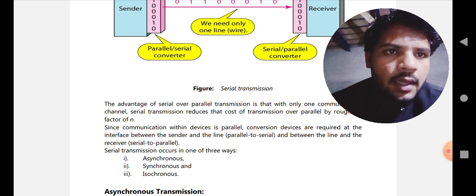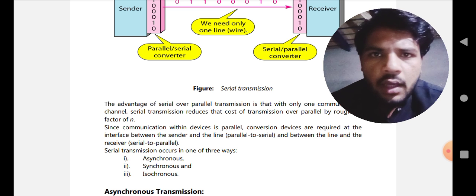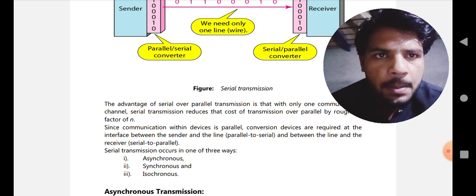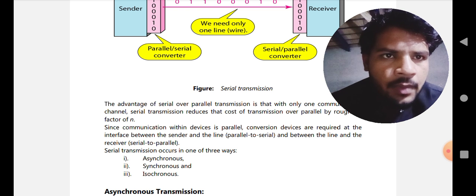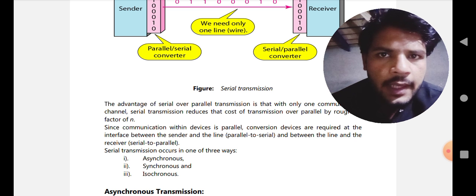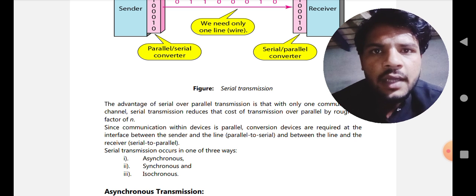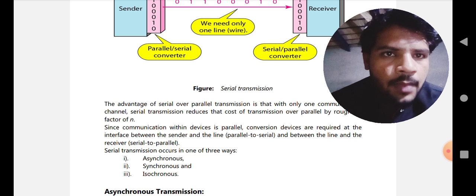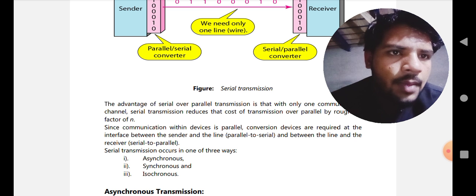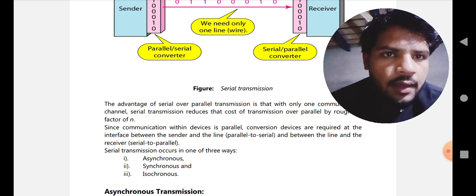Parallel transmission has many connections, and serial transmission has one connection, so in one way we can send multiple data also. Since communication within the device is parallel, conversion devices are required at the sender and receiver.